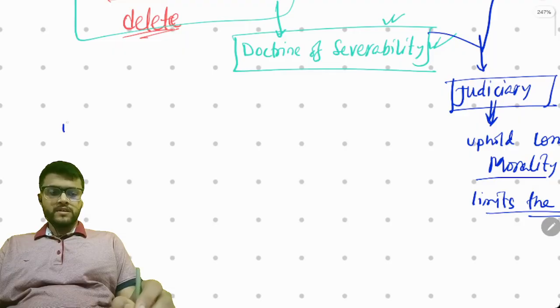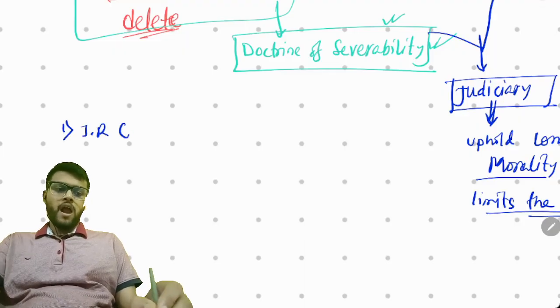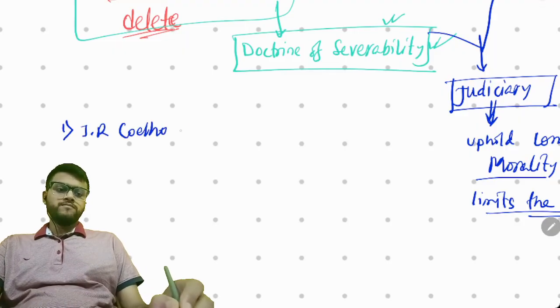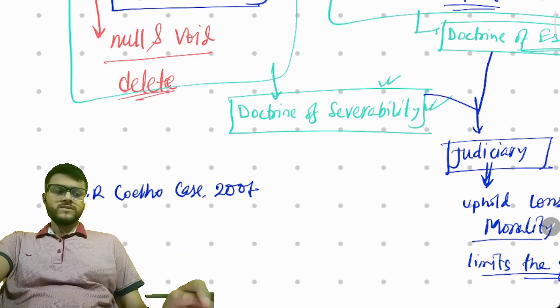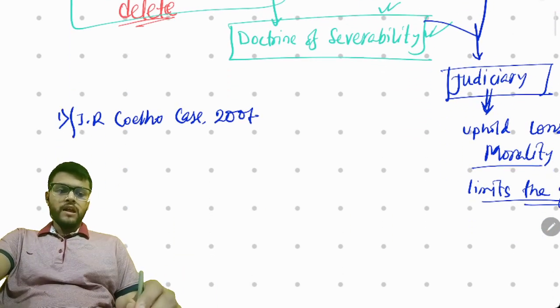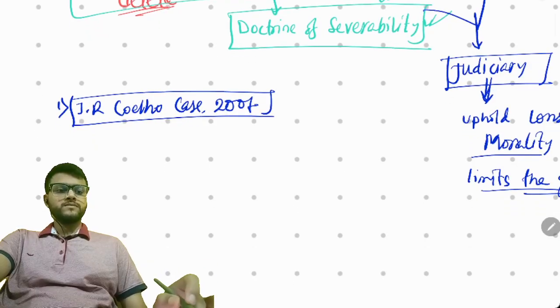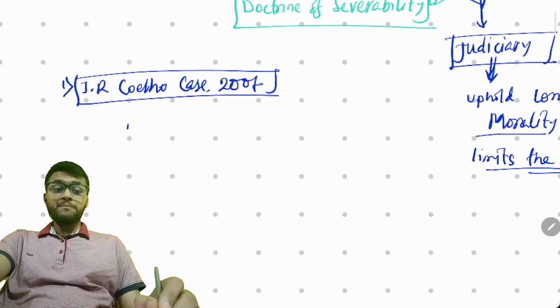Ayer Coelho case, case number 1, 2007. In the Ayer Coelho case, the blanket protections.